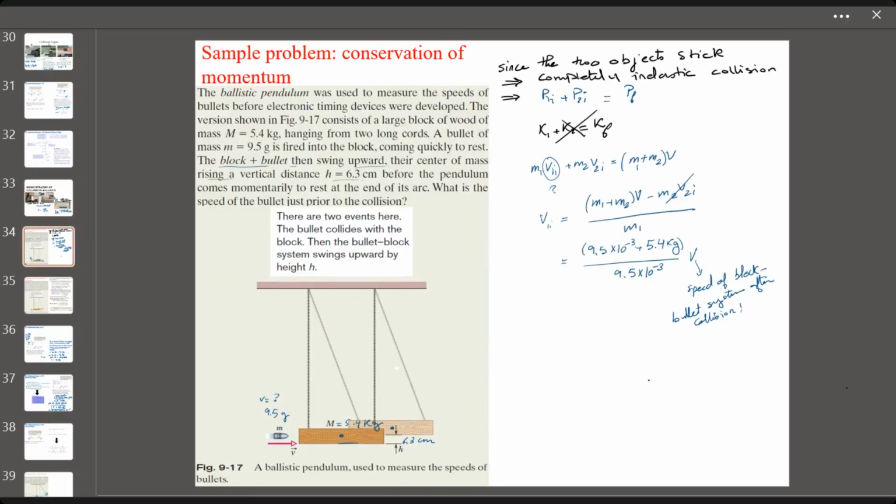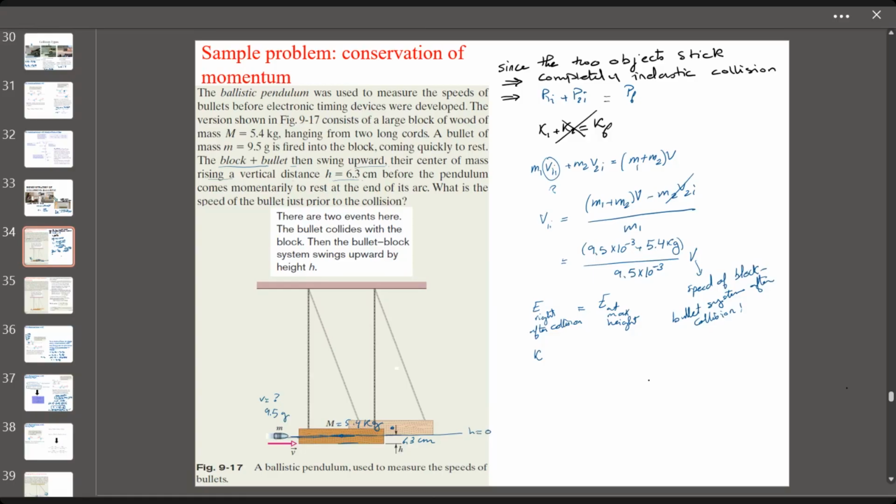the system. So I'm gonna study conservation of energy, and I will say E right after collision equals the energy at maximum height. Now, right after collision, I have only kinetic energy. I'll take my zero reference to be here just after the collision.